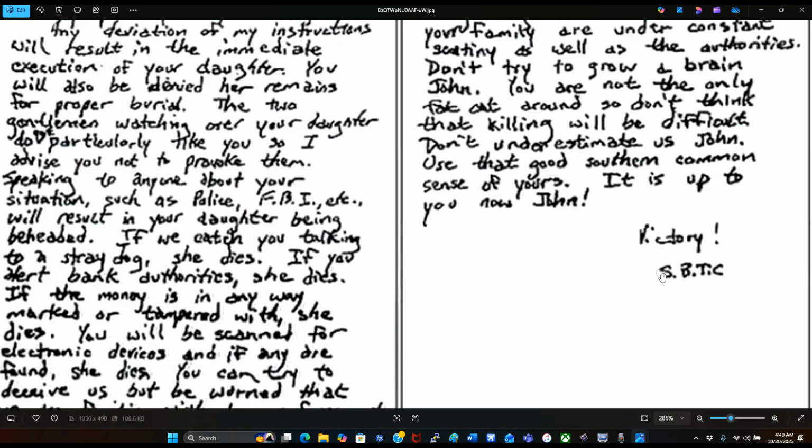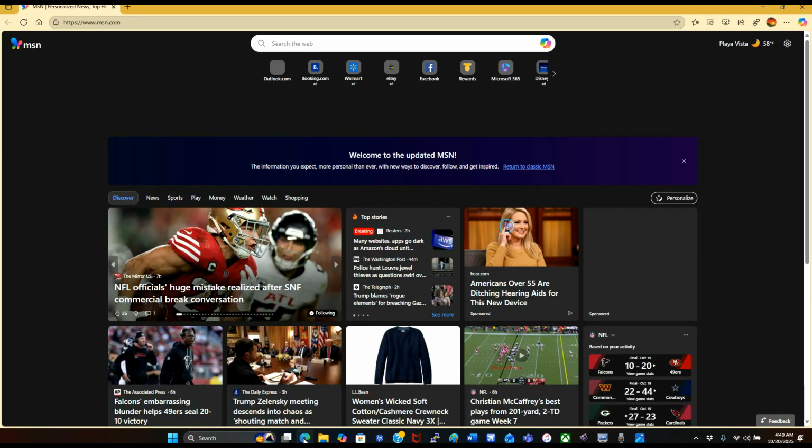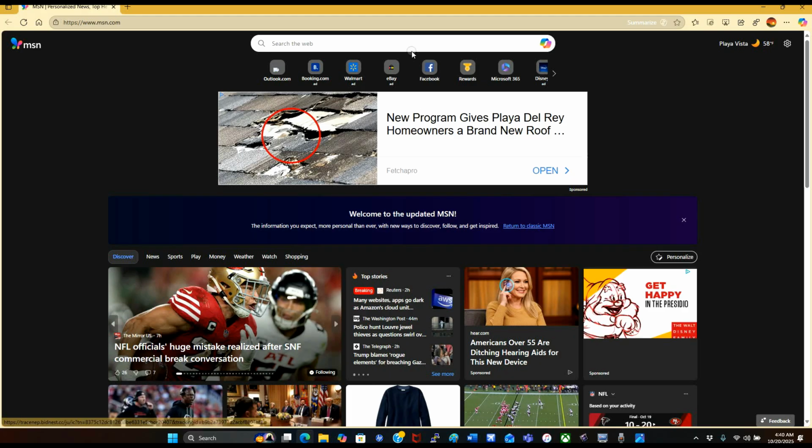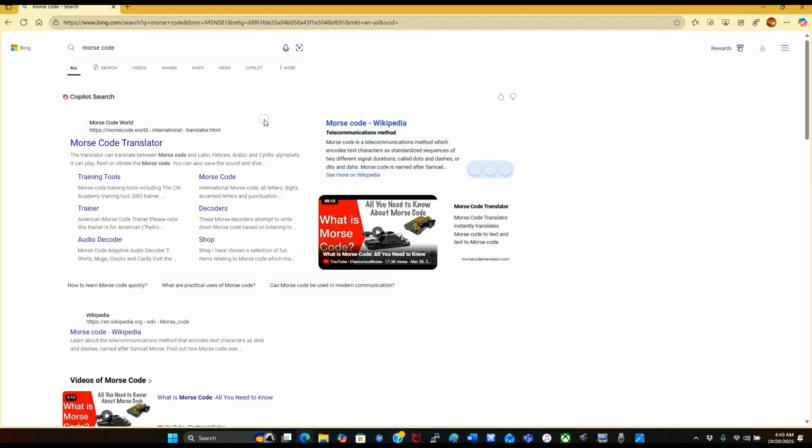So the first thing we're going to do is we're going to go dot dot, and we're going to go dash dot, and then we're going to go dot dot dot. All right, so that's dot dot, dash dot, and dot dot dot. And what you're going to see is Morse code.